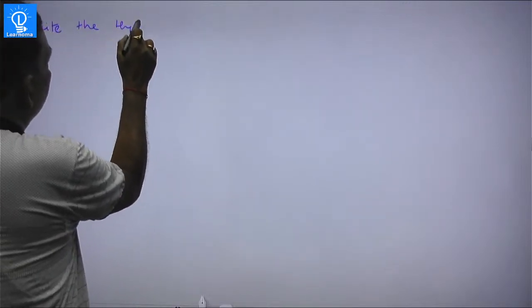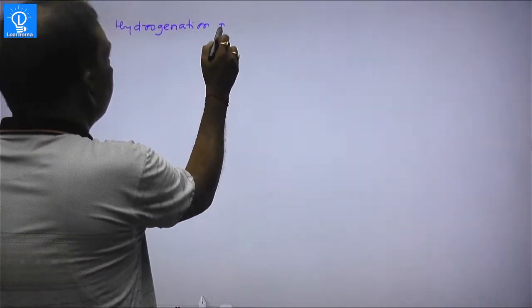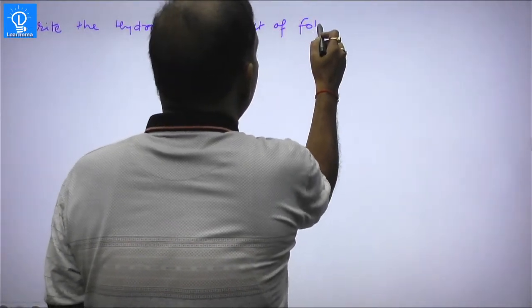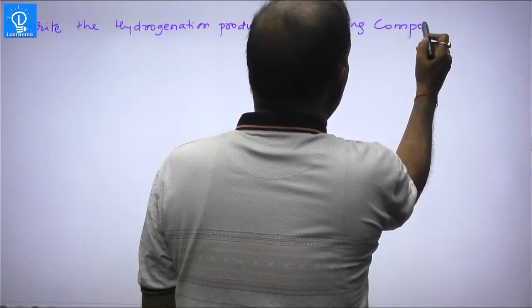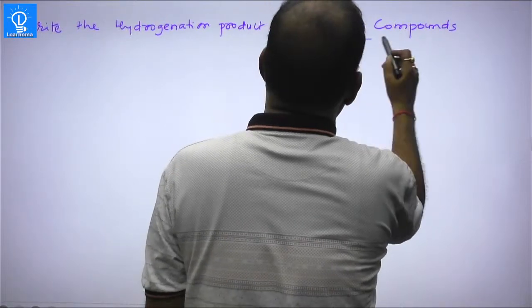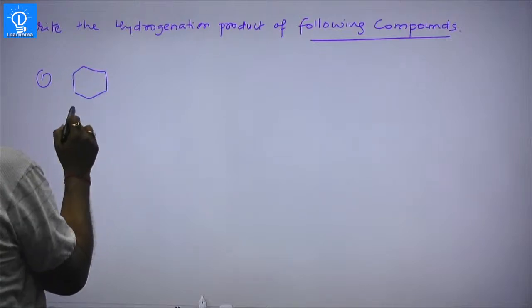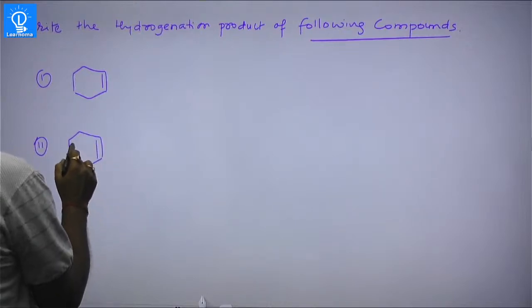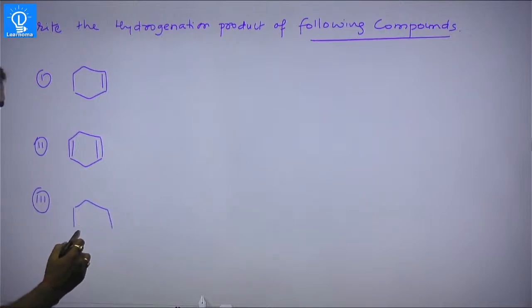Write the hydrogenation product of the following compounds: cyclohexene, cyclohexa-1,4-diene, cyclohexa-1,3-diene.